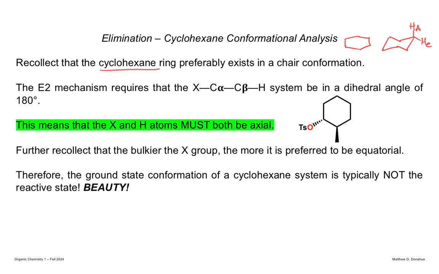So as this comes into play now, we're going to need to evaluate axial hydrogens. And to do that, we have to look at both chair conformations of the cyclohexane to determine which one is the reactive conformation. So the reactive one might not be the most stable one. And that's where this energy coordinate can diverge in two different ways.